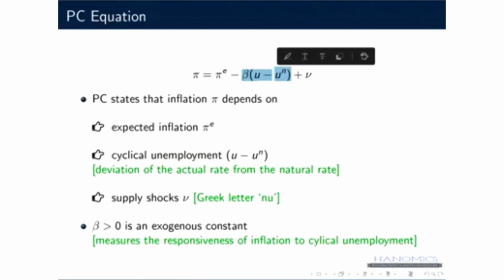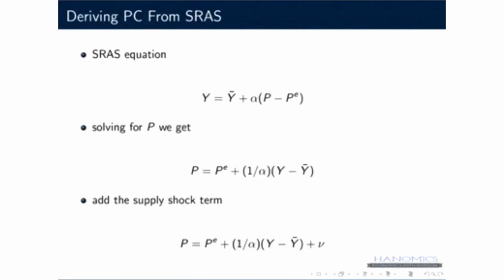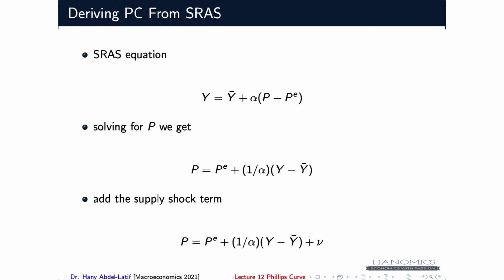So going back to what we started, we just wanted to derive this equation. We started with the short-run aggregate supply equation. We explained that last time, and we tried to explain more today about the difference between the natural rate of unemployment, frictional unemployment, structural unemployment, and cyclical unemployment.